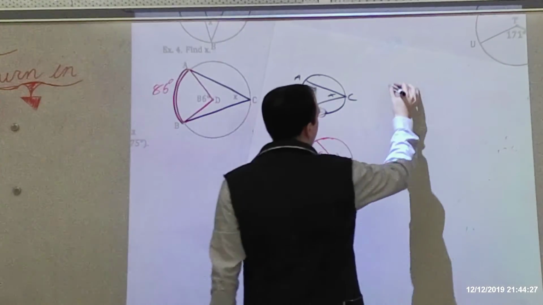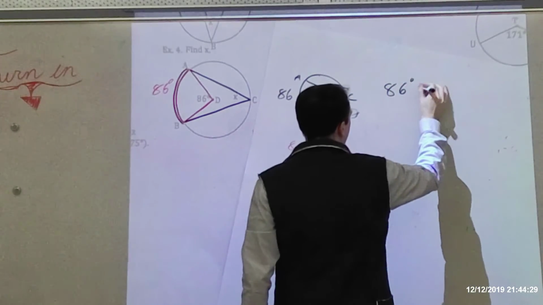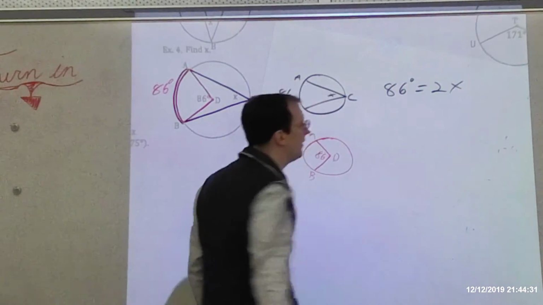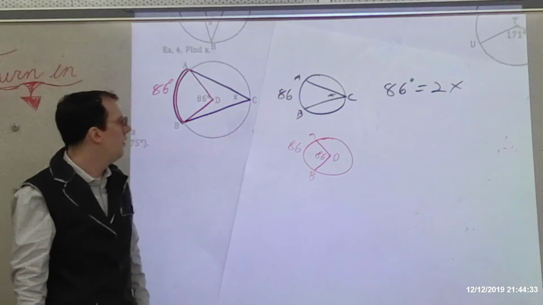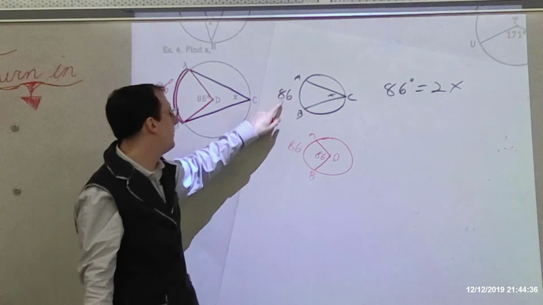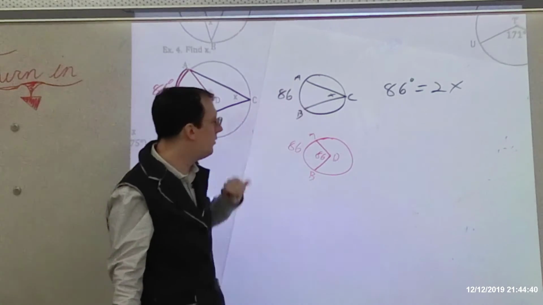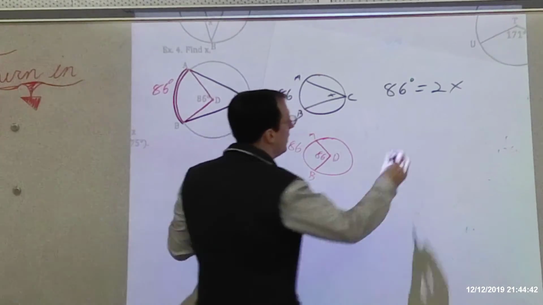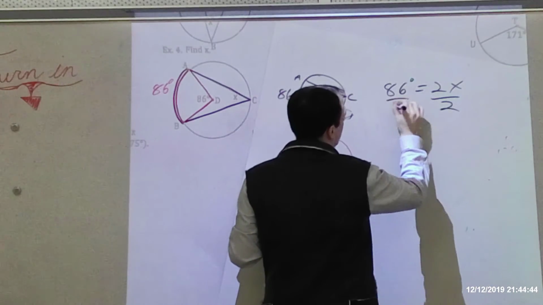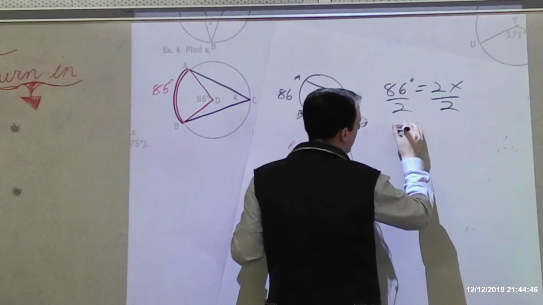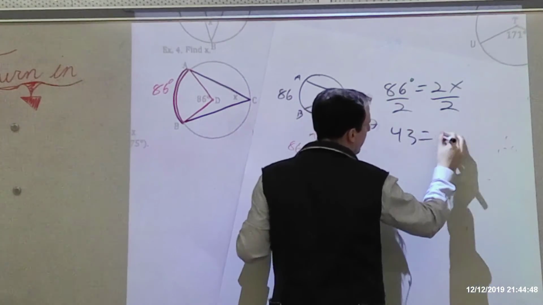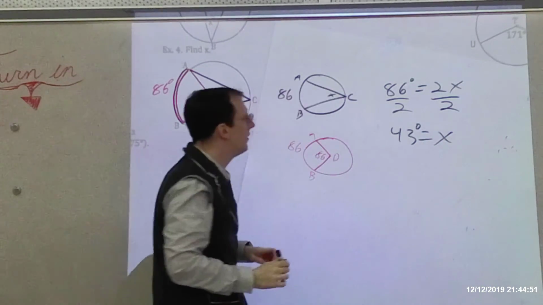We simplified it by saying if you're going from arc to angle, what you're really doing is taking your arc and dividing it by 2. So 43 degrees equals x.